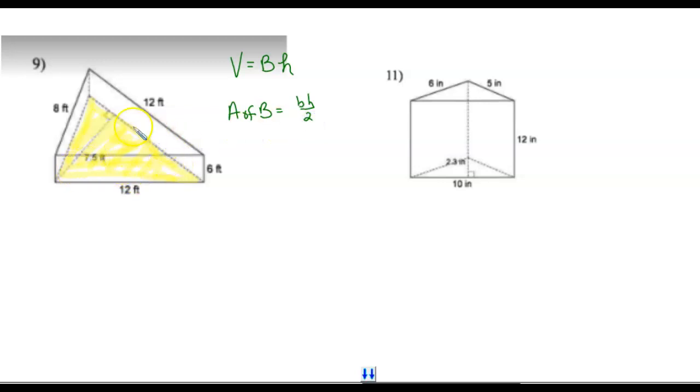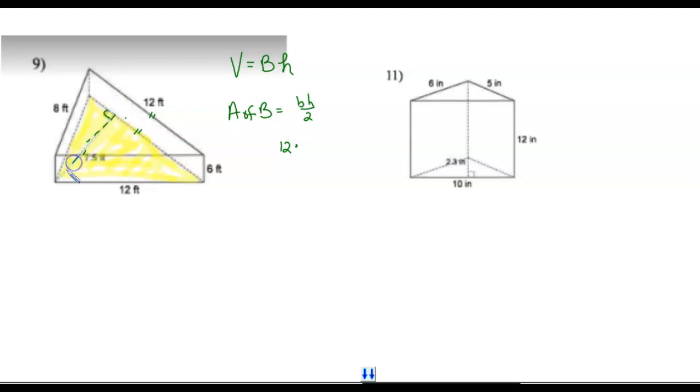So my base is this line right here. And because it's not labeled, I take a look at this side, and it's a rectangular side. And so I know that that is the same length as that. And so my base is going to be 12. My height, see this right angle?